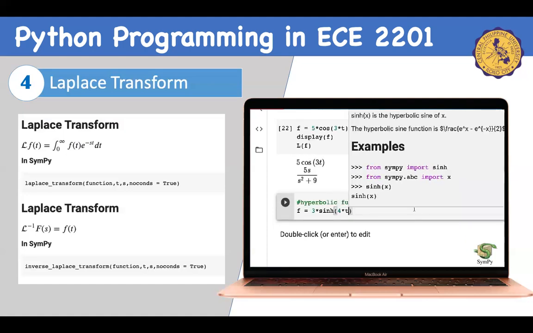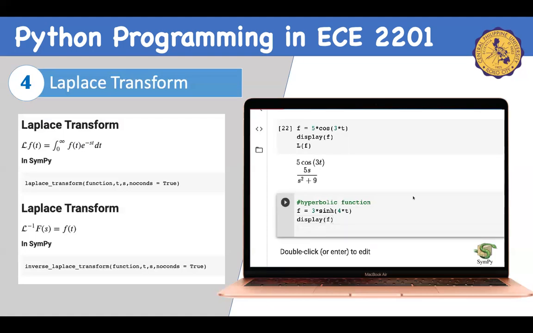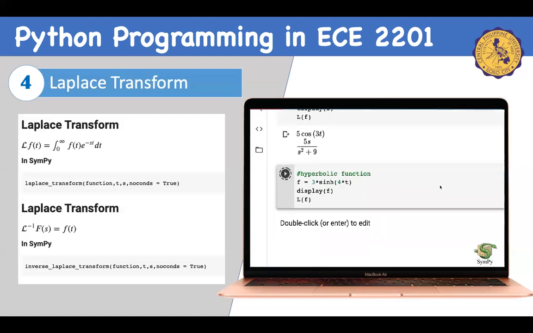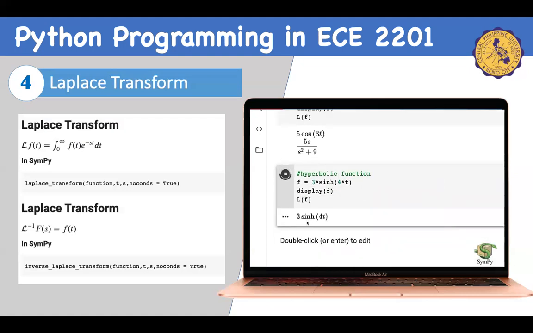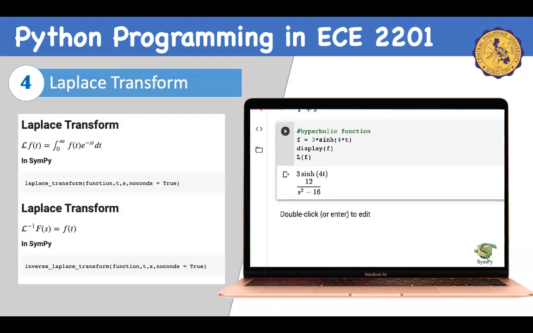Okay, first we will display it, and then we are going to take the Laplace transform, LF. Run the code. We have now your hyperbolic function of sine 4t. It will take a while since this is a hyperbolic function. So the result will be 12 all over s squared minus 16.